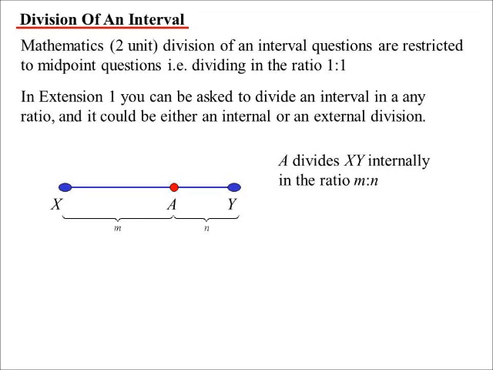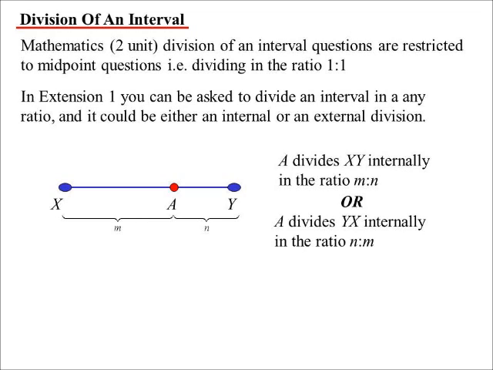So the naming of the line and the ratio is important. It must match, so we get the correct measurements. If I was to call the line YX, then I would say it's dividing it in the ratio n to m, because from A to Y is n, from A to X is m. So it needs to match up. That's what we call an internal division.